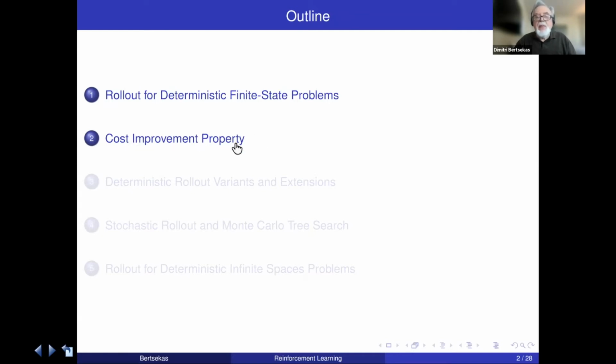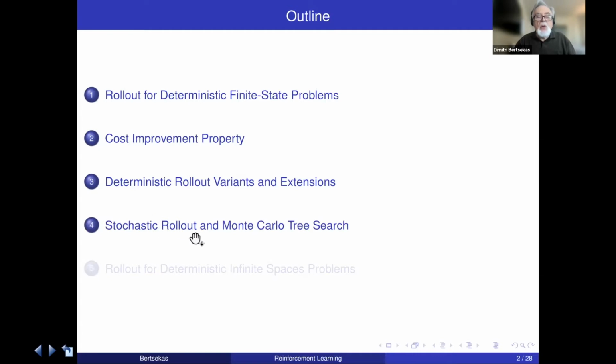That's what we mean by the cost improvement algorithm, whether we're getting cost improvement through rollout. Then we're going to discuss various variants and extensions of the rollout algorithm that are aiming for greater generality and greater computational efficiency.